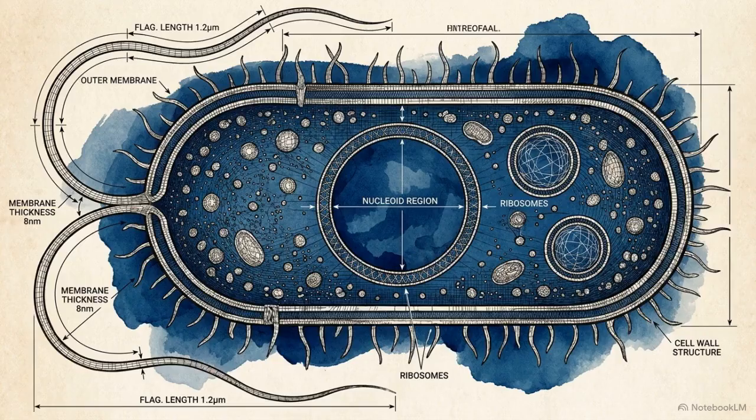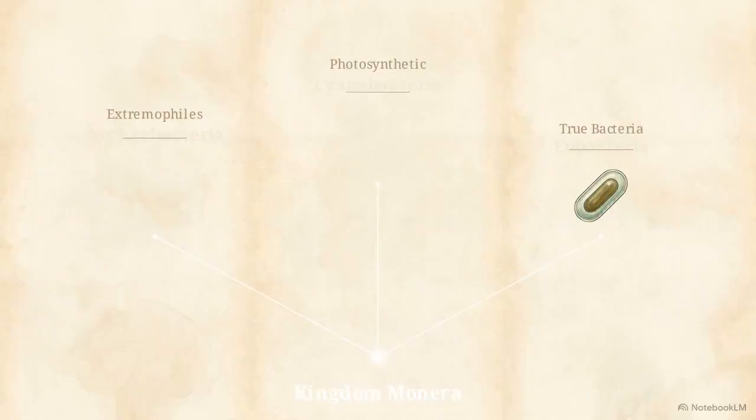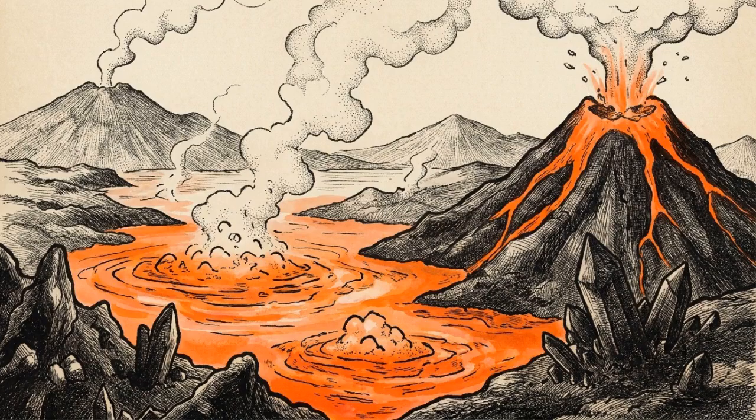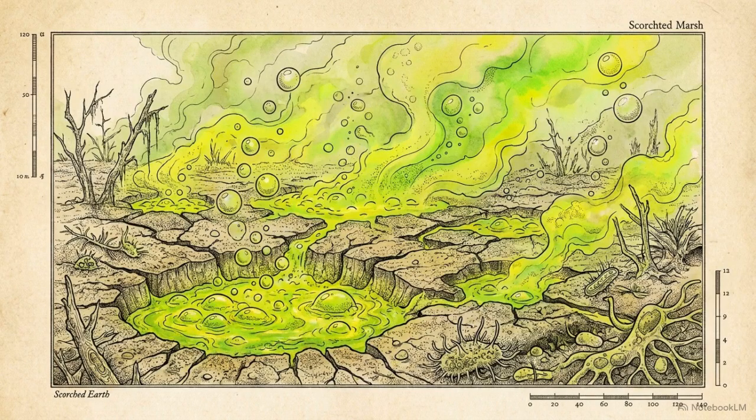To see the limits of this theoretical blueprint, we must observe its historical deployment. Biologists traditionally divide Kingdom Monera into three dominant groups, each testing the architecture in different environments. We start in the most hostile environments on Earth: boiling volcanic hot springs, hypersaline lakes, and toxic marshy zones where temperatures and chemical stressors prevent complex life from taking hold.